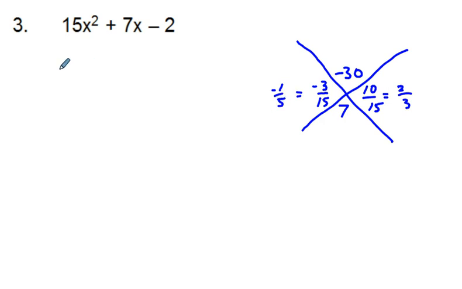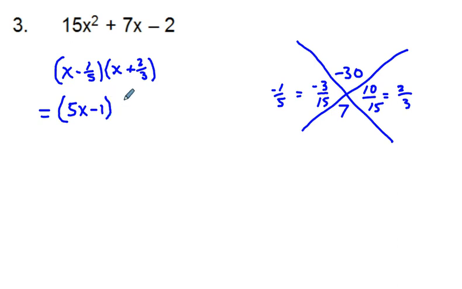So now what we have is x minus 1/5 times quantity x plus 2/3. And then we use our bottoms up, we get 5x minus 1 times quantity 3x plus 2.